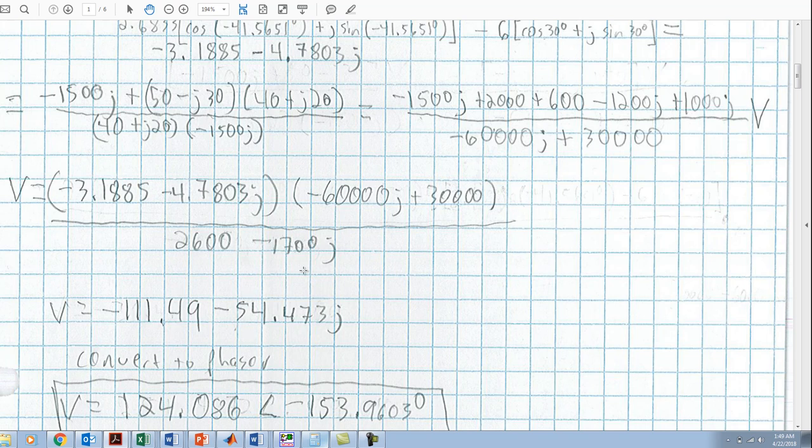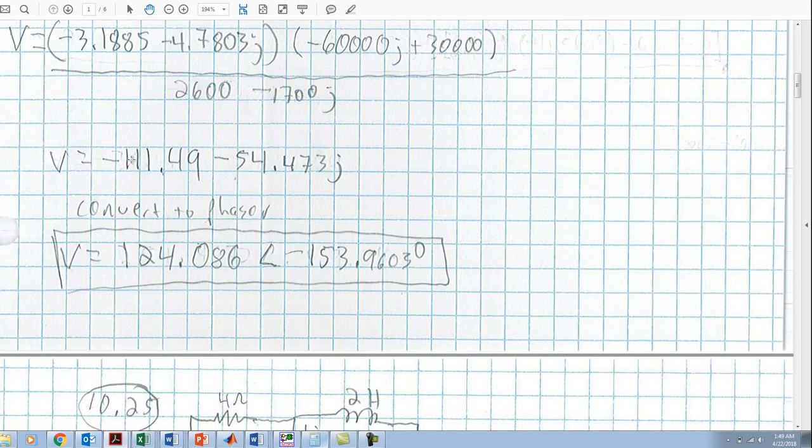Then we convert this to a phasor. We go ahead and we get the magnitude as the square root of this squared plus this squared, and then we get the angle as the inverse tangent of this divided by that, and ultimately V is equal to 124.086 phasor symbol negative 153.9603 degrees.